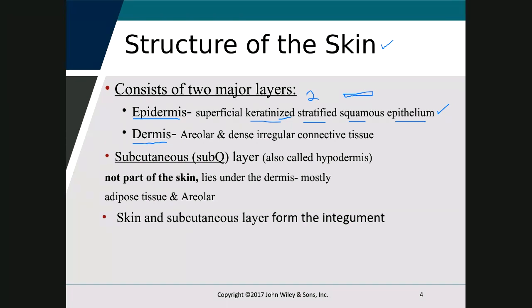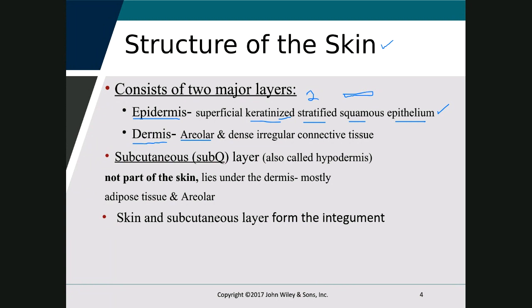Dermis histologically is made up of areolar, loose connective tissue, and dense, irregular connective tissue. Remember, we learned in the past that that tissue is like a filler, and the dense irregular connective tissue has elastic and tensile strength in many different directions.